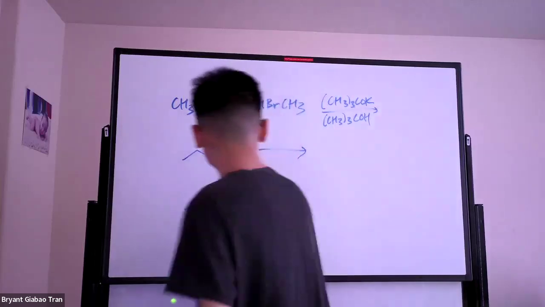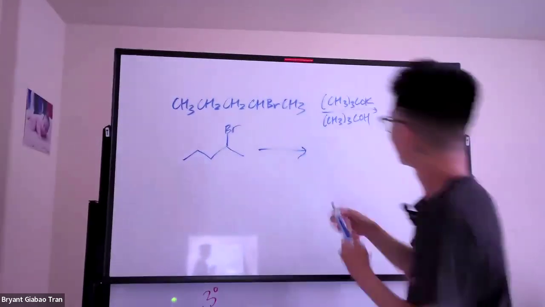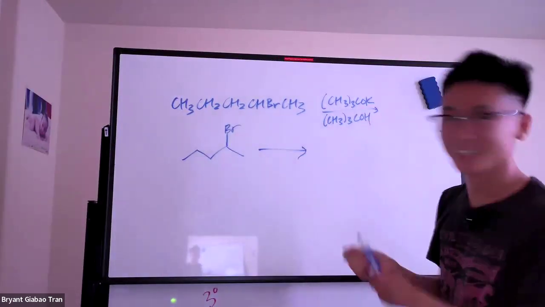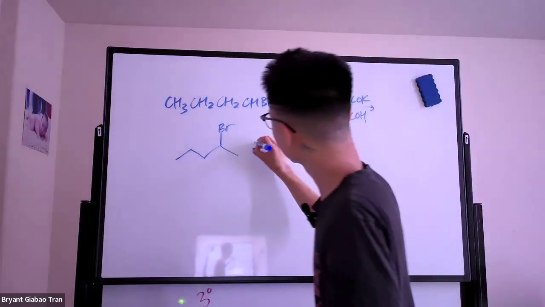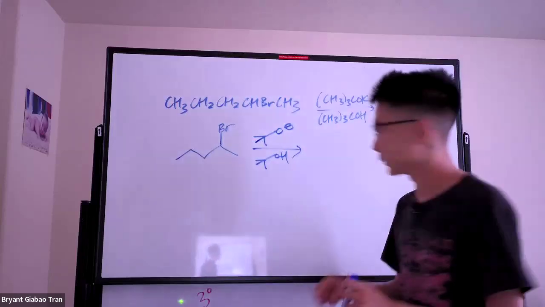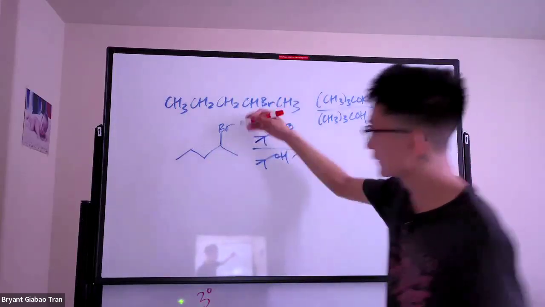So what would this reagent look like here? Wait, what is COK? Tert, yeah, tert something. Tert butoxide. Right. Now, once we have this, what is the substrate here attached to the good leaving group?